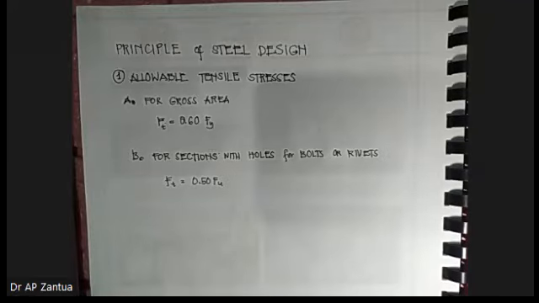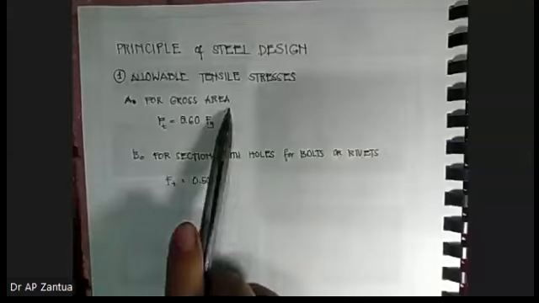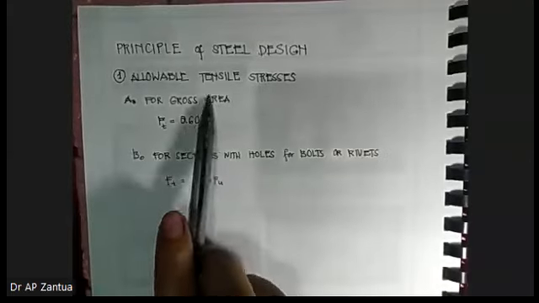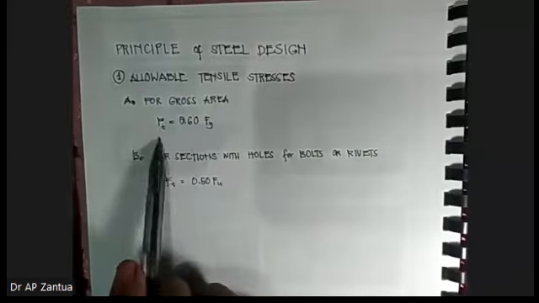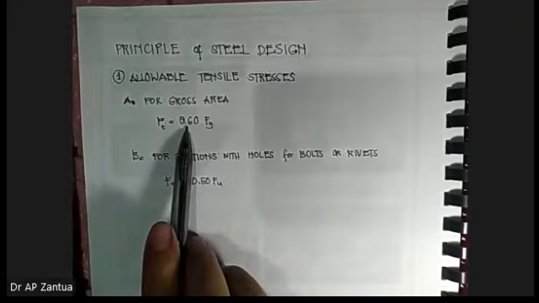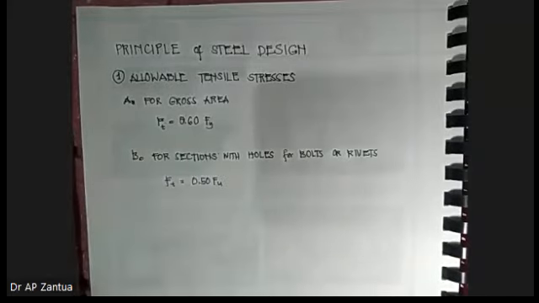For gross area, when we are talking of steel members, steel component, steel element, if we are using gross area and we are going to find out the tensile stress, the allowable is 0.6 times Fy. So what is Fy? Fy is the yield stress.